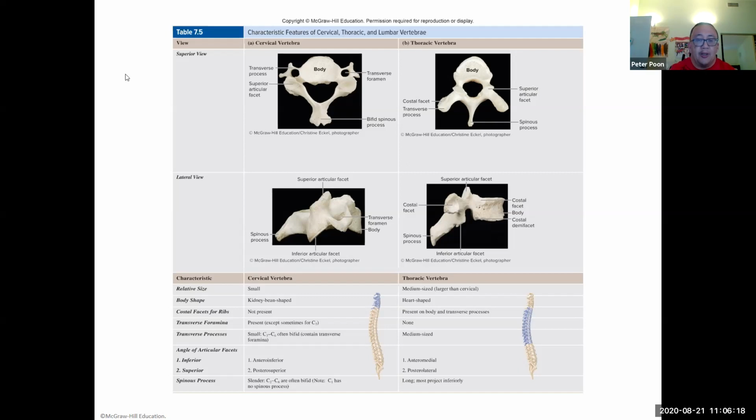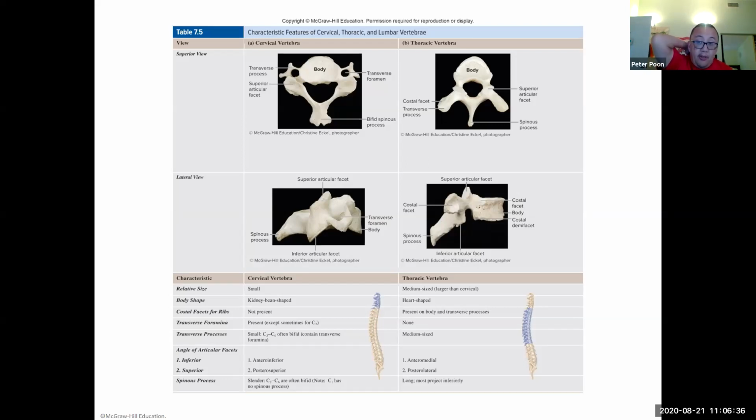Cervical vertebrae also have a rather short spinous process. There's one exception to that rule, and that is C7. If you reach behind your neck and move your head up and down, there's a sharp point that doesn't move when you move your head.